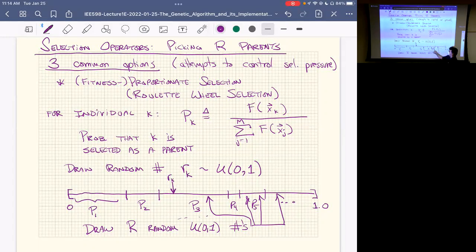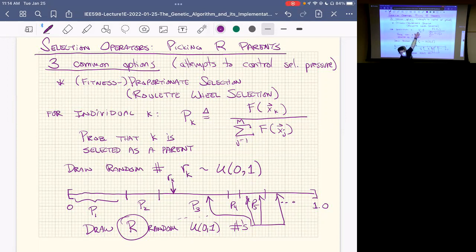If the dart happens to hit in region 3, we get a parent there. If it hits region 5, we may get 2 parents from region 5, and so on. This is a way for us to decide, of the R parents, how they are distributed across the individuals from the previous generation.